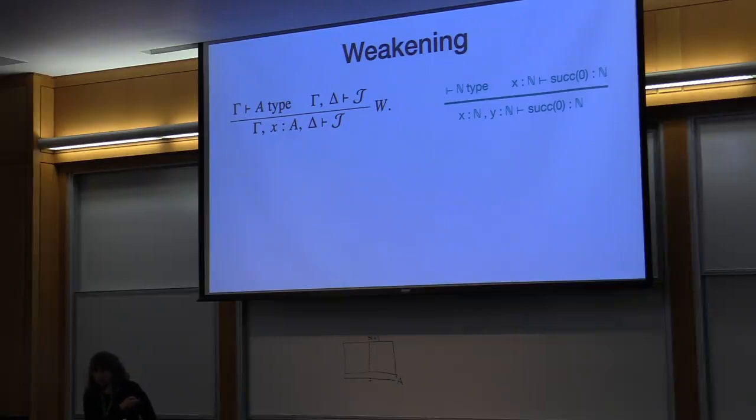So for example, here, you see, and already my example is wrong. Perfect. What is wrong with this example? Who can see it? Yes? Either you need to put x of type N in the natural number type judgment, or you need to put y before x. Perfect. Very good.